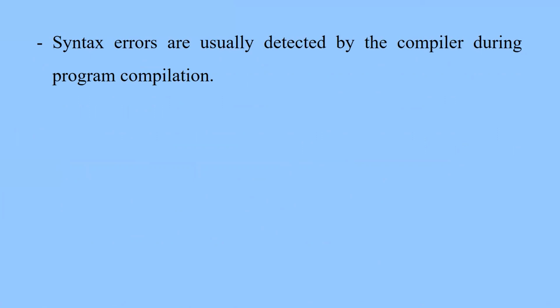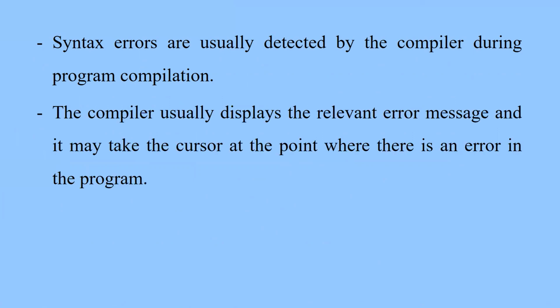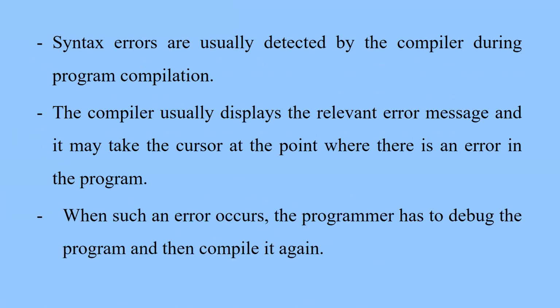Syntax errors are usually detected by the compiler during program compilation. The compiler usually displays the relevant error message, and it may take the cursor to a certain point where there is an error in the program. When such an error occurs, the programmer has to debug the program and then compile it again.